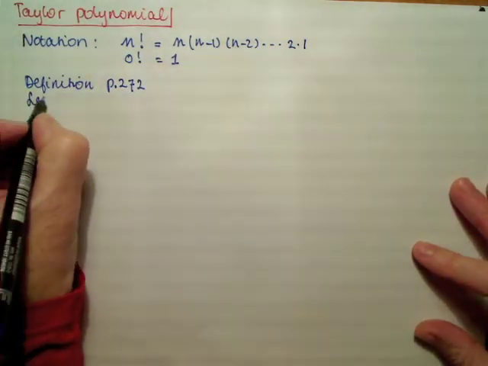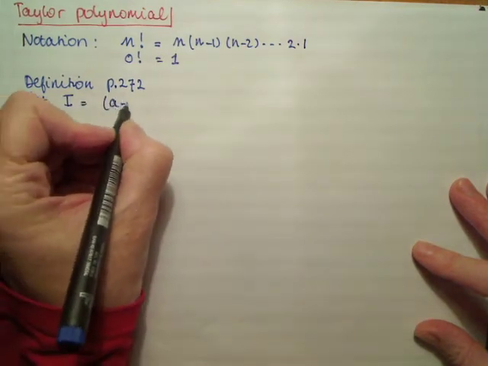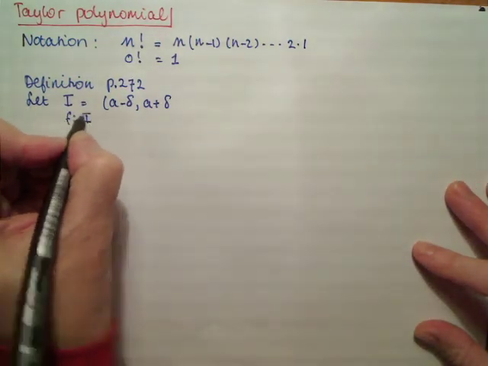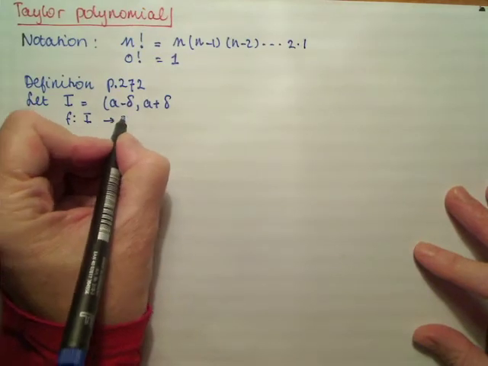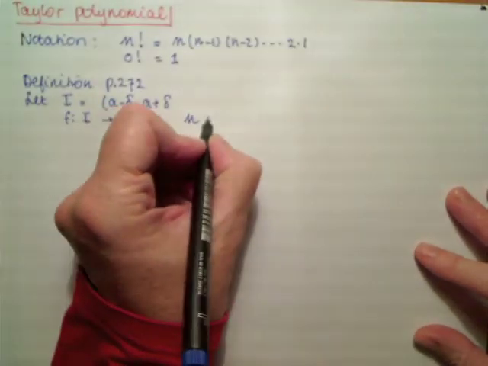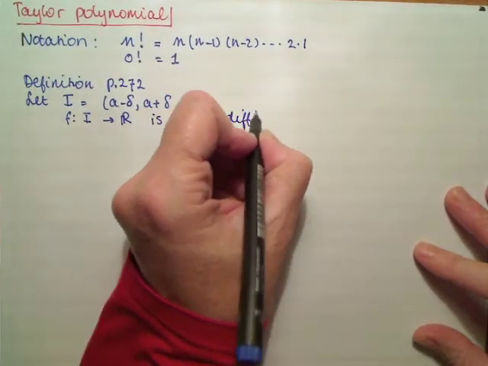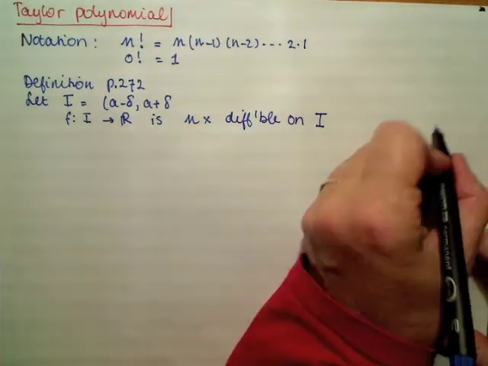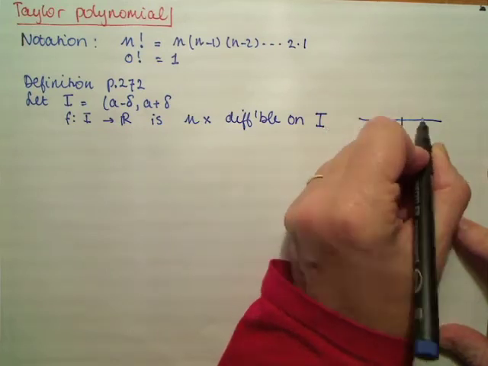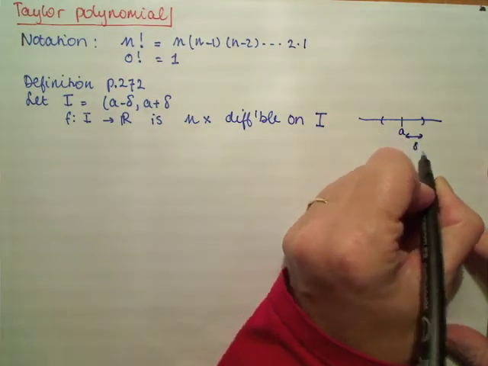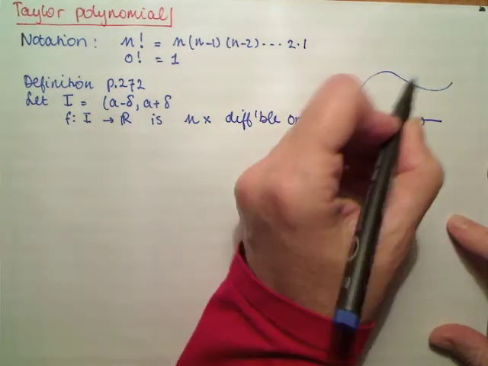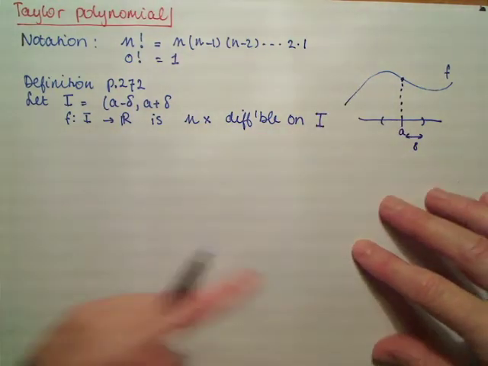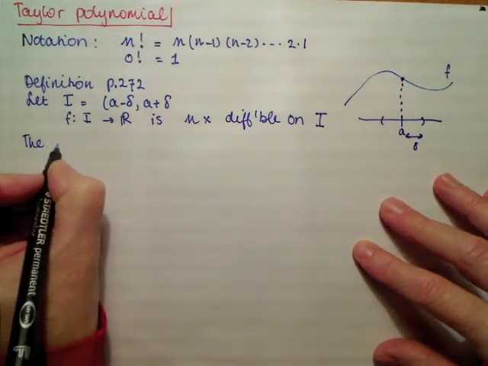To do so, we let I again be this interval around base point a, and we suppose that f is a function defined on this interval I, and that this function f is n times differentiable on the interval I. So we have the situation of the interval I containing our base point a, and we have this function f, and we look in the neighborhood of the point a. Now what is the nth order Taylor polynomial?